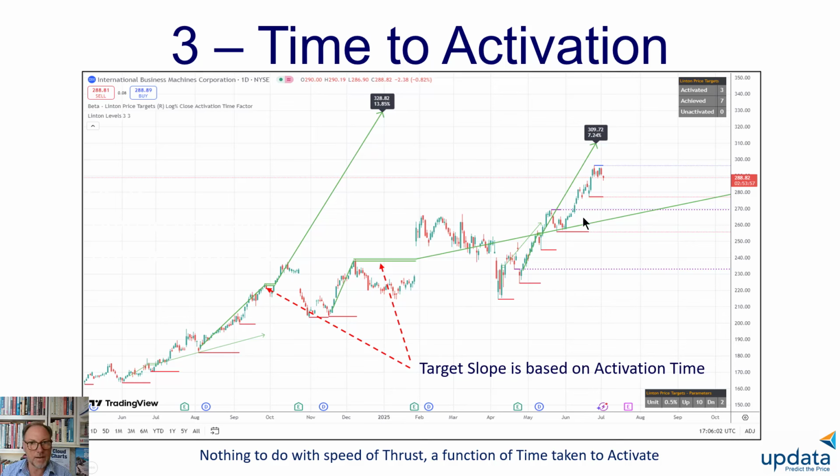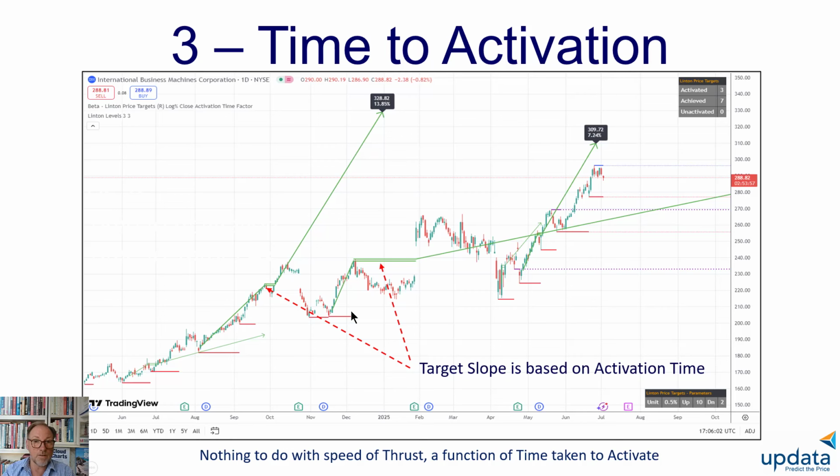So that is another method. You can see here, this one was activated very quickly, so the speed of that thrust is quite quick. It's interesting that in this instance, whilst it took a long time to activate, it didn't really come to very much very quickly. And this one again failed. So you can see the risk of using this method.